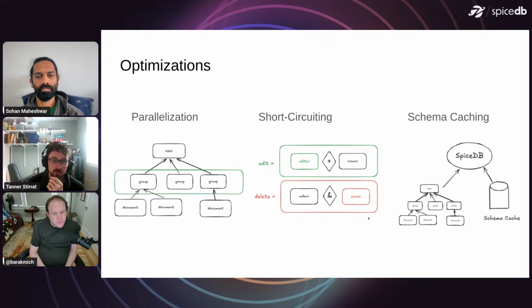And we have a similar thing in the negative with intersections. So say there's a permission delete. It's defined as you have to be an admin in the system, and you also have to be an owner of the object.